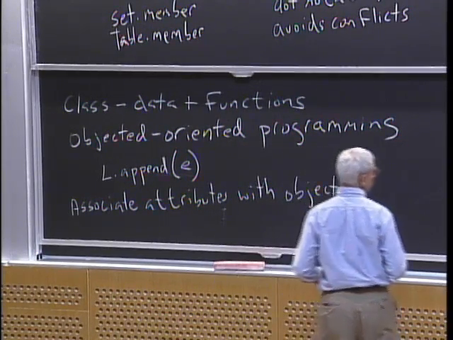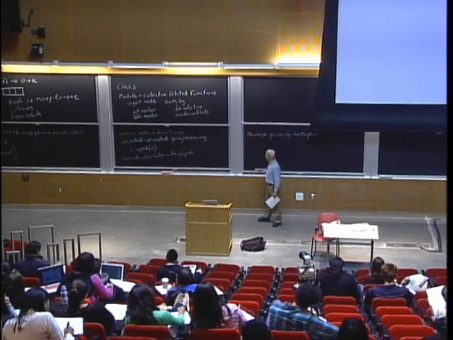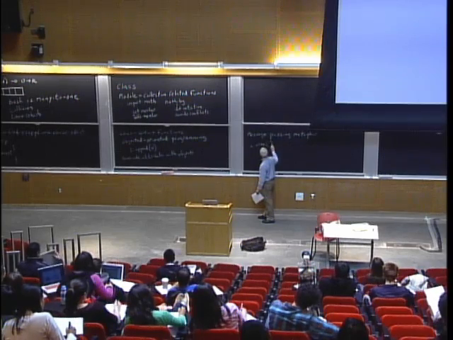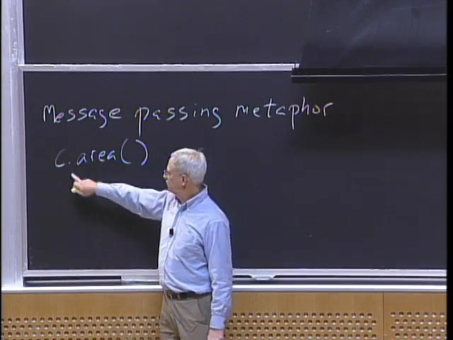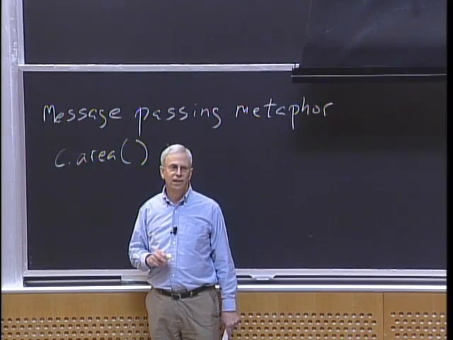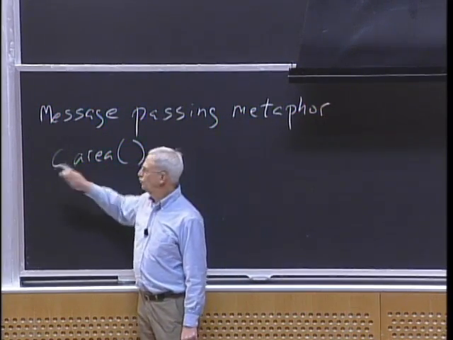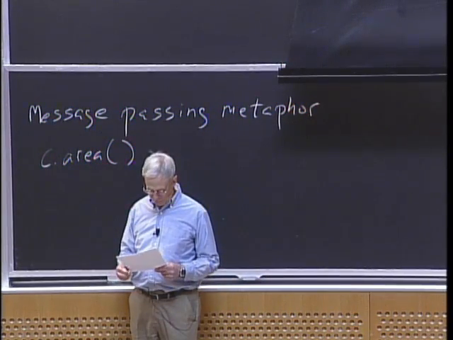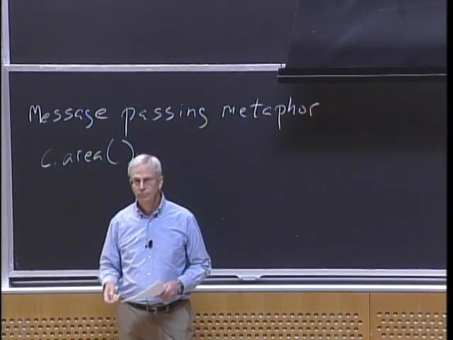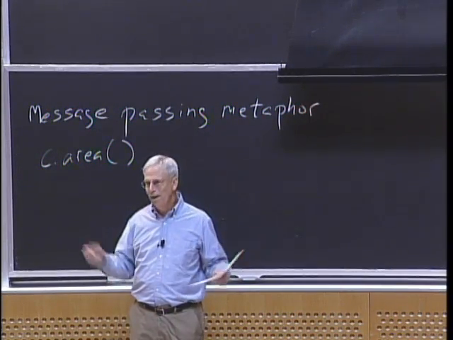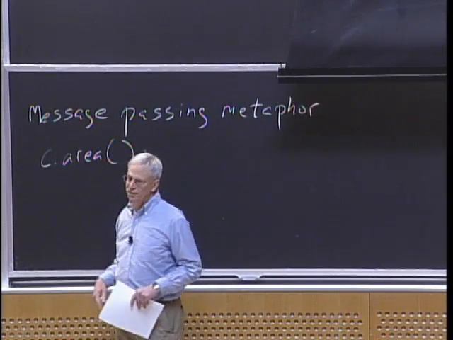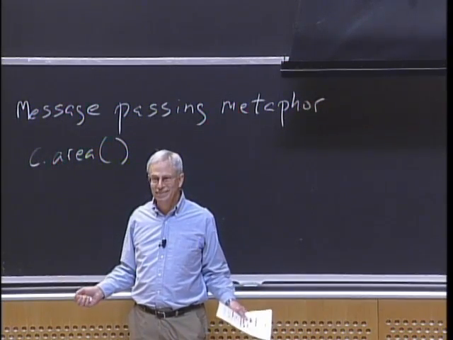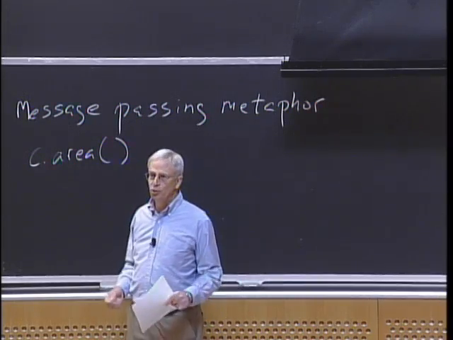So for example, if I had a class called circle, I might pass the object c the message area, which would cause this object to return the area of the circle that is that object. Again, nothing dramatic going on here. If you just think of this as a fancy way of writing functions, you'll be absolutely correct. But I did think you should hear about this metaphor.